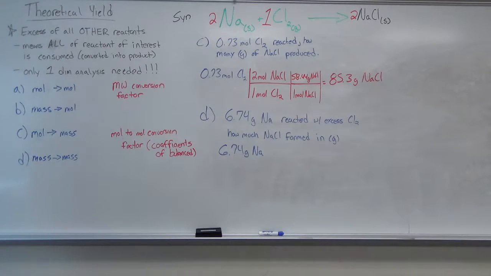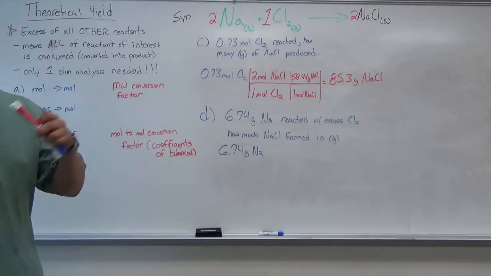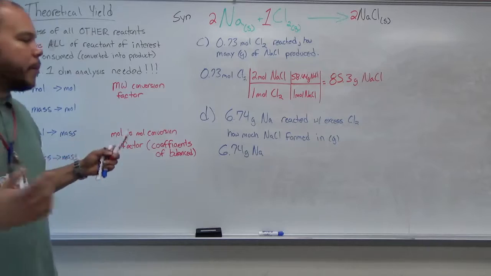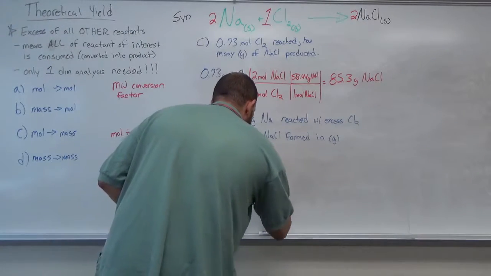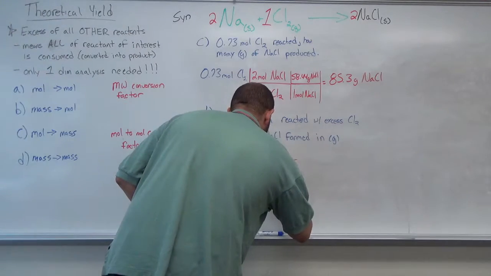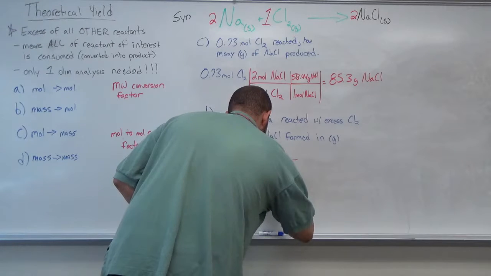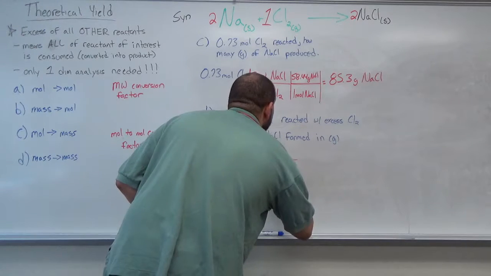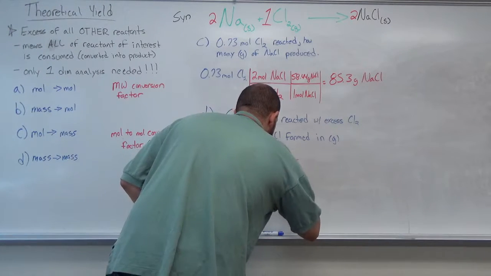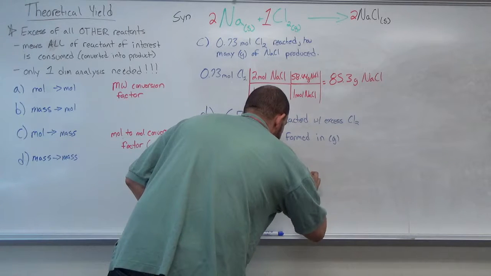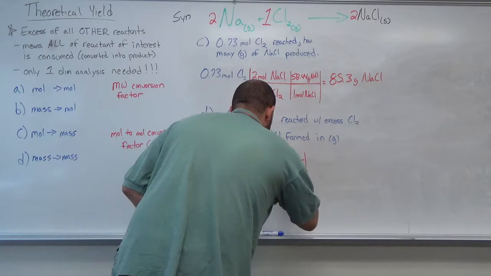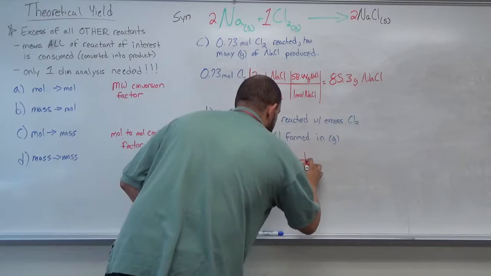The conversion factors that have grams on the bottom are the molecular weight conversion factor. We need to get the moles anyway to be able to compare anything. So this should be 58.44 grams of sodium per 1 mole of sodium.